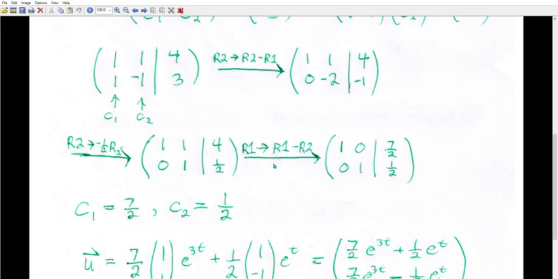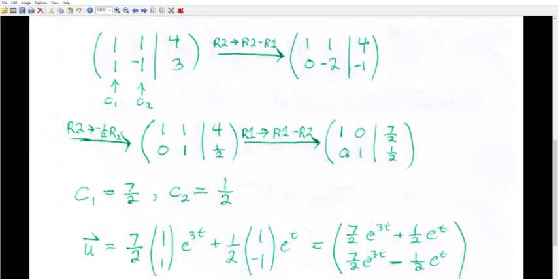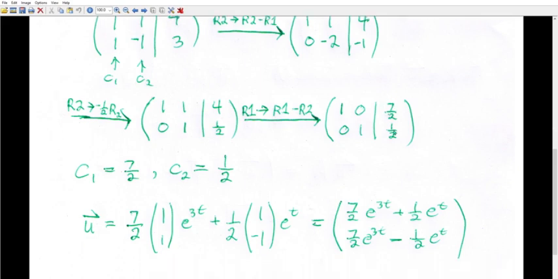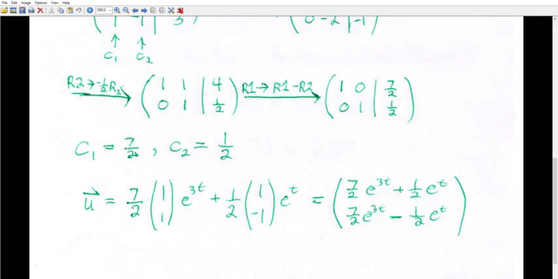And finally, we subtract row 2 from row 1 to get rid of that 1. What we end up with here is 1, 0, and then 4 minus a half is 7/2. What you can read off here is that c1 is 7/2 and c2 is 1/2.